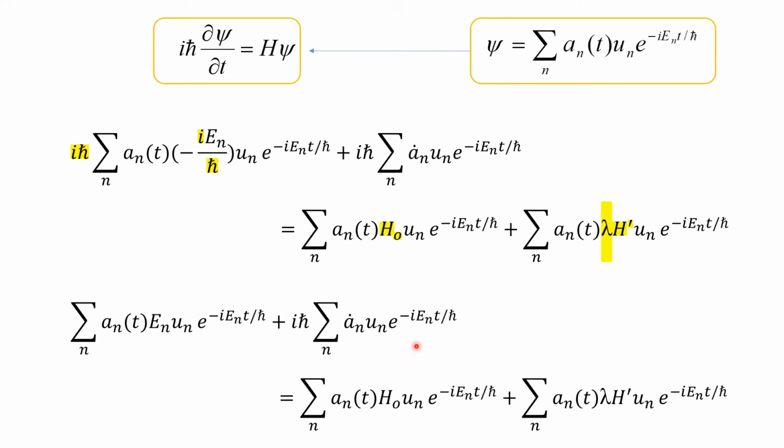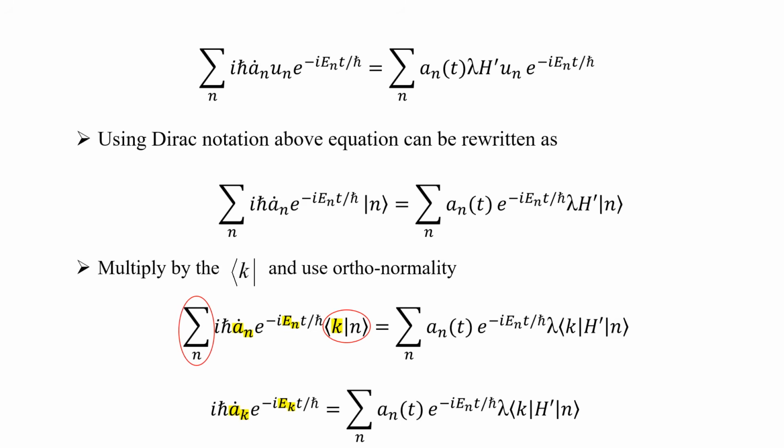First term in the left hand side as well as first term in the right hand side get cancelled. You will be left with the second term from the left side and the second from the right side. Finally, we got this expression.